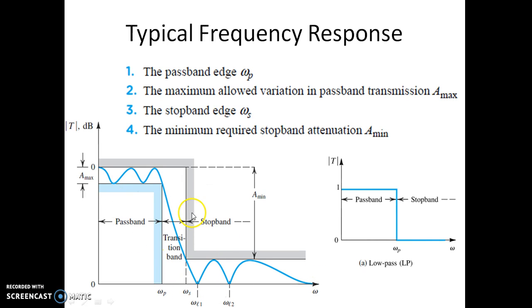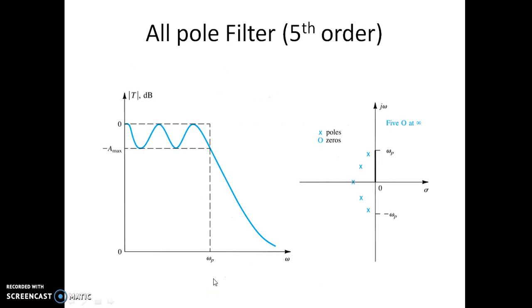So we can say that this transfer function has a minimum of 4 finite zeros, whereas for this transfer function, since it is not touching the x-axis, there are no zeros at finite positions. All the zeros are at infinity. So that's why this is called an all pole filter.